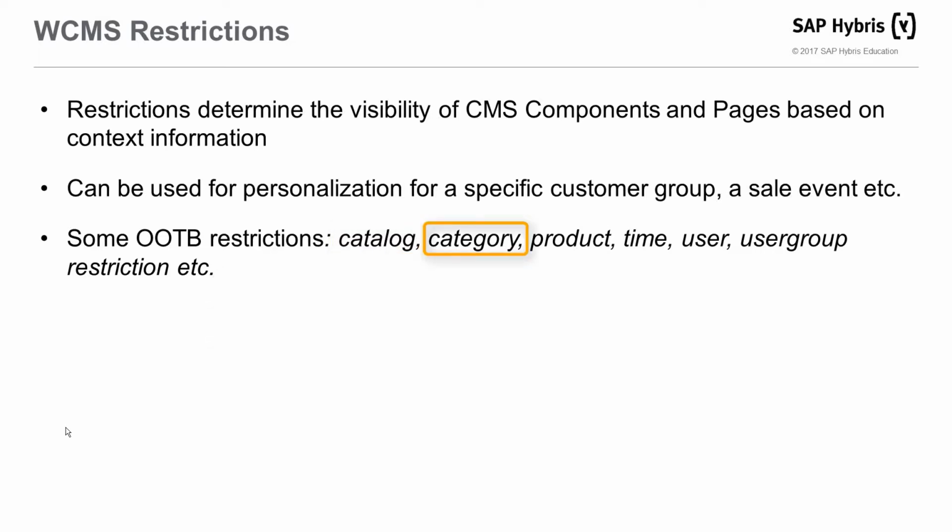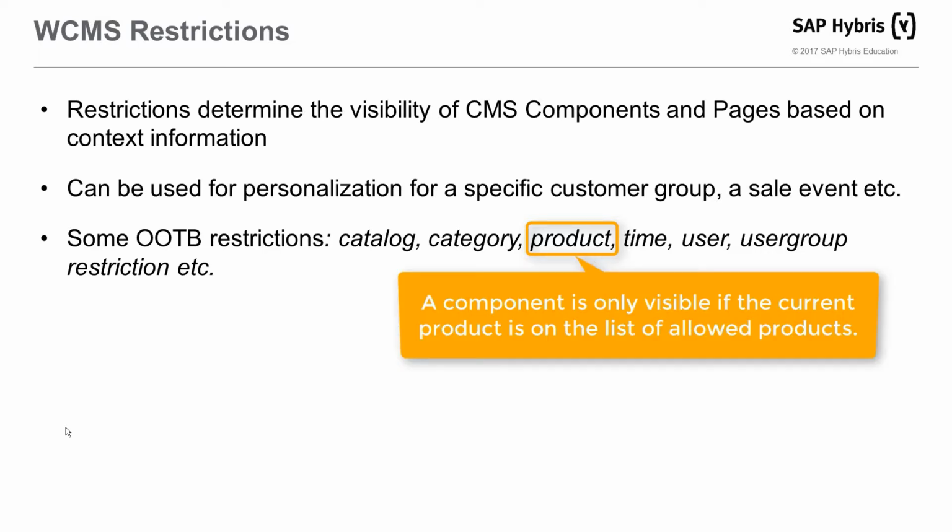A category restriction can limit a component or page to only be visible for certain categories. A product restriction can limit a component or a page to only be visible for certain products. A component or a product page having a product restriction defined is visible only if the current product is in the list of specified products.